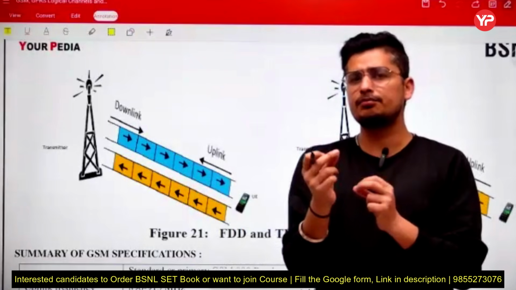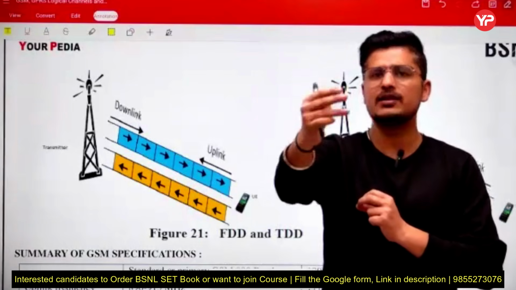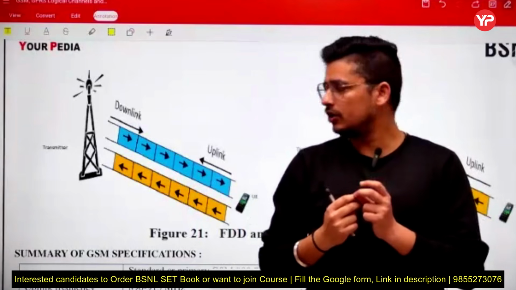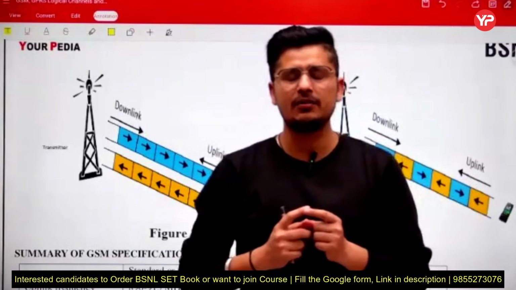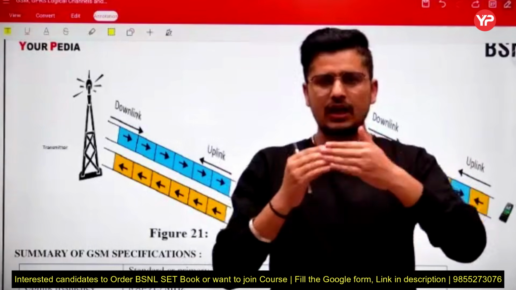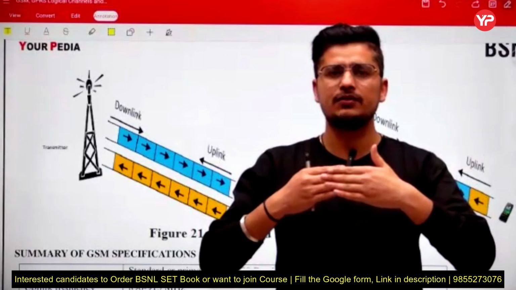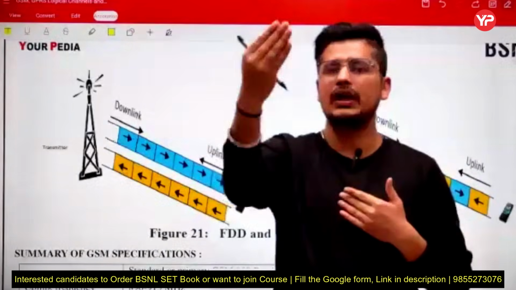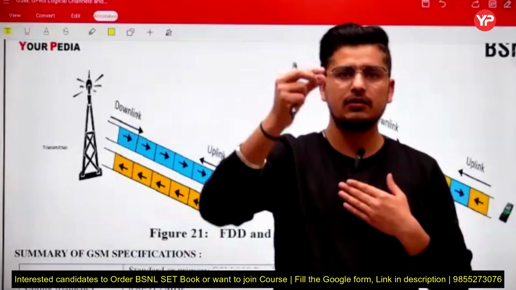Then the next 5 milliseconds are allocated to transmit the information from the tower to the mobile station. Did you understand or should I repeat? In time division duplexing, we divide the time slot: 5 milliseconds for transmitting the information from mobile user to tower, and the next 5 milliseconds from tower to user.